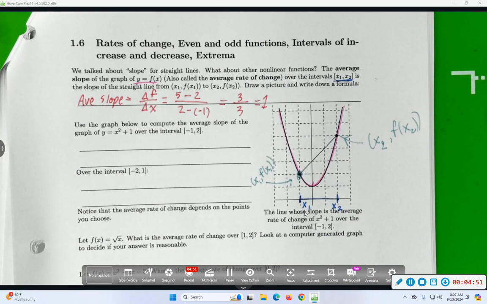That seems pretty okay? So, once you have a graph, you can compute the average rate of change by just drawing that line and computing its slope. How many people actually did the arithmetic to do that computation as opposed to just counting? How many people just counted? Saw that it went over 1 and up 1? Yeah, so it has slope 1.